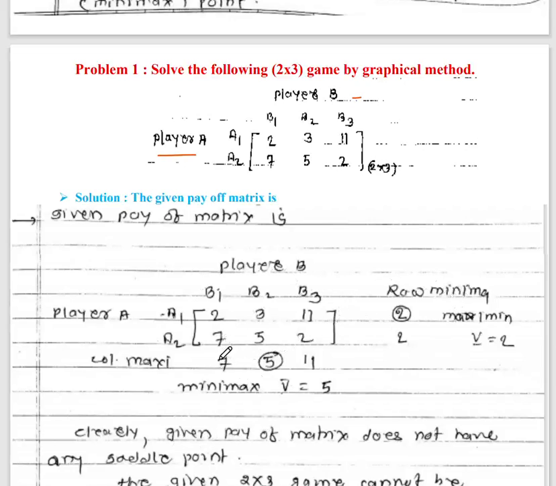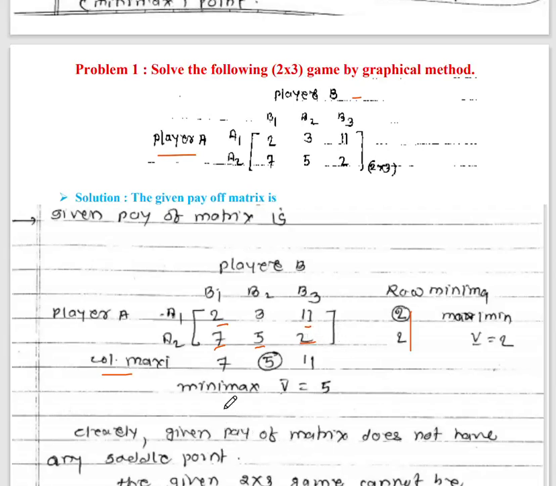So here we will first find the row minima. Row minima means select the lowest element from each row. This is 2 and this is 2. That is the row minima. Find the maximin, which means the largest value in the row minima, and it is denoted by lower v bar equal to 2. Find the column maxima. Column maxima means select the maximum value from each column, that is 7, that is 5, and that is 7, that is 11.